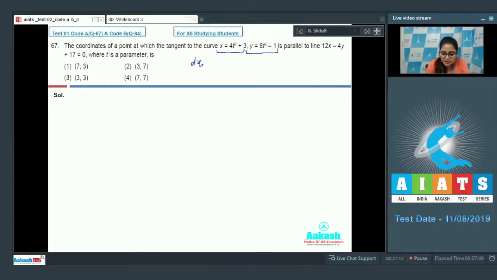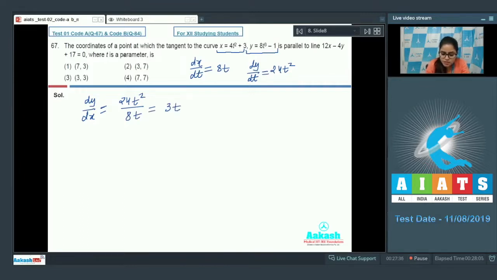So dx by dt is equal to 8t and dy by dt is equal to 24t square. Now for the slope dy by dx, just divide dy by dt by dx by dt, you will get 24t square divided by 8t, which is 3t.